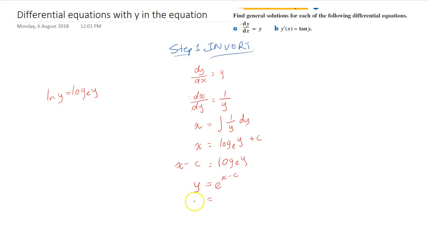That e to the x minus c is e to the x times e to the negative c. The c is an arbitrary constant, and e is a number, 2 point something, so e to the negative c is still just an arbitrary constant. We can collapse this and let e to the negative c equal a, and now we have y equals a times e to the x.